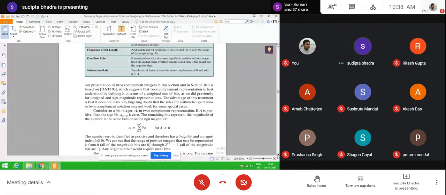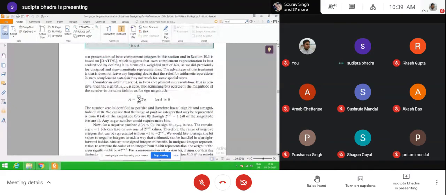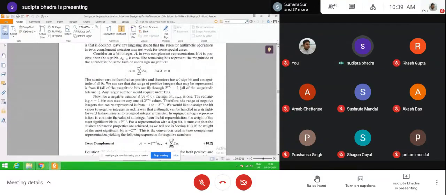Now in case of a negative number, a is less than 0. So the sign bit a n minus 1 is 1, and the remaining n minus 1 bits can take any one of the 2 to the power n minus 1 values.